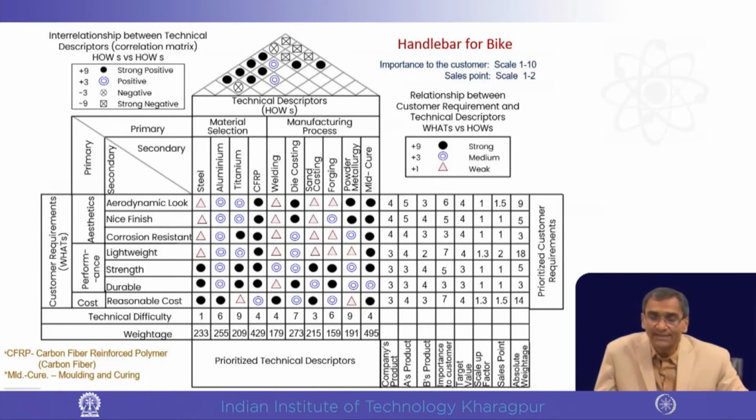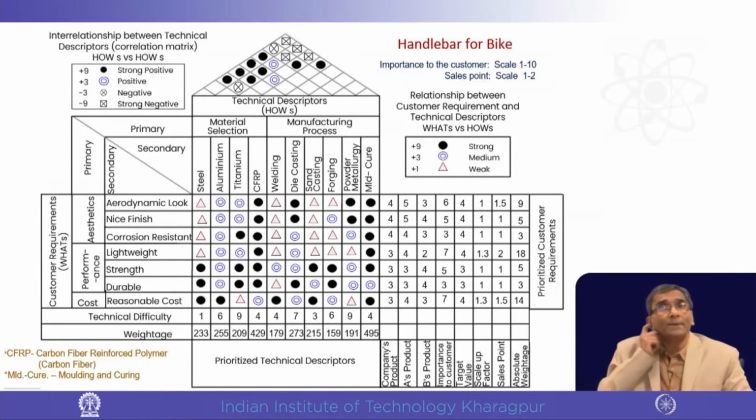Say, for example, the company's is 4, another is 5, the other is 3. But judiciously, the team may feel that we need not go to 5 right now, we can stay at 4 for this particular requirement, say aerodynamic look. Then here it is 4, mentioned as the target value. So, what target we are taking, that we will compete for.